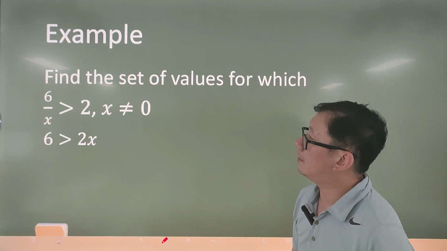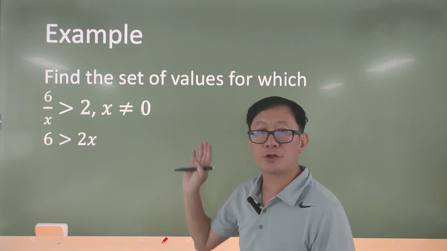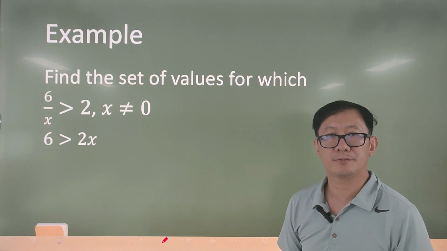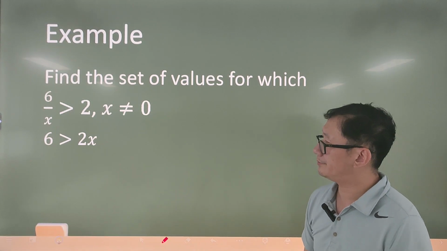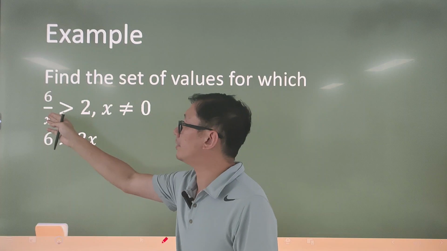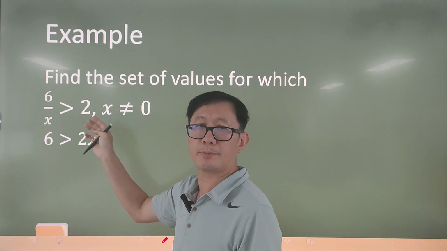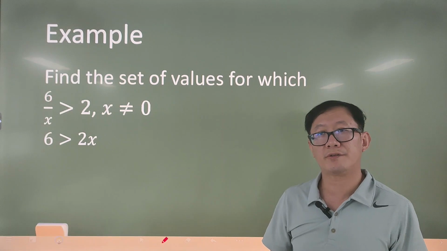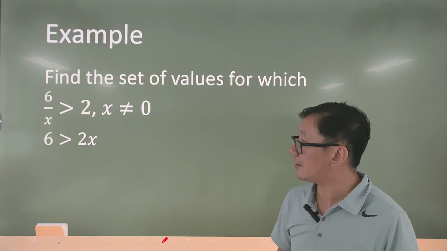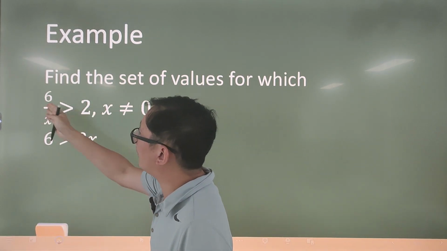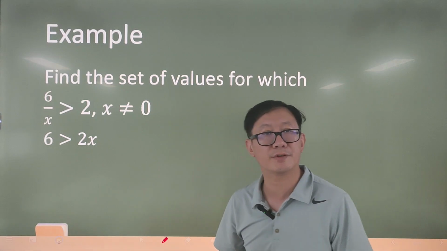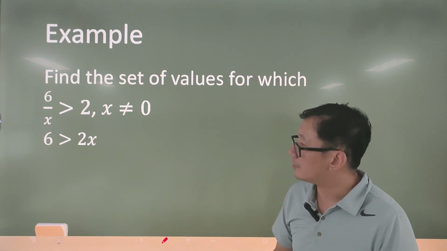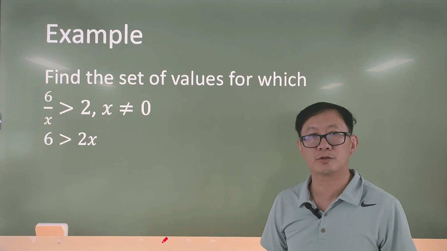But we know that x is not 0, but we don't know whether x is positive or negative. If x were positive, then you multiply both sides by a positive number, that's fine. You don't need to switch the sign. But if x were negative, then if you multiply both sides by a negative number, you need to switch the sign. So this obviously can't work.